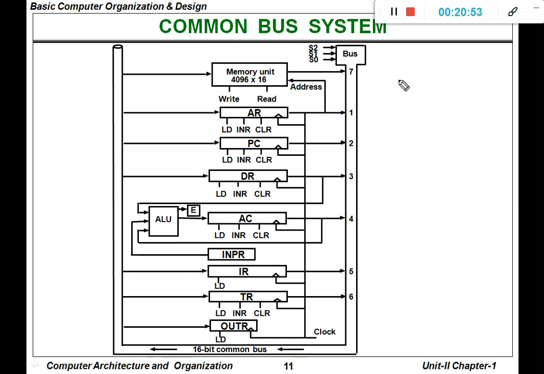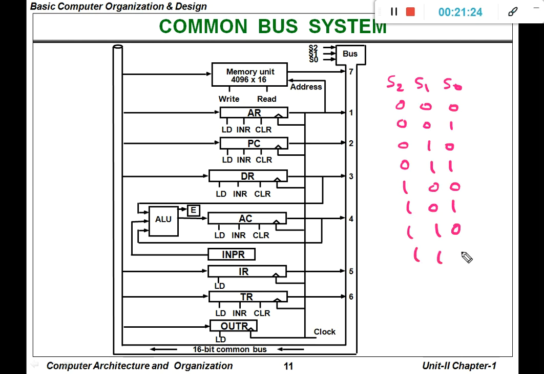Here you can see there are 3 selection inputs, S2, S1, S0. What values can we give for these 3 selection inputs? We could give 000, 001, 010, 011, 100, 101, 110, 111.